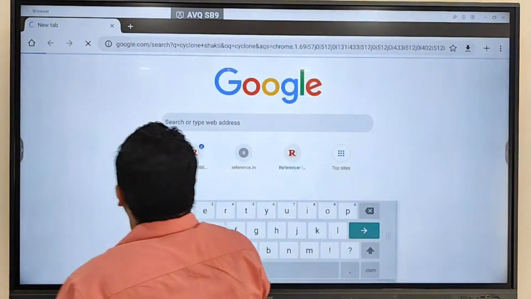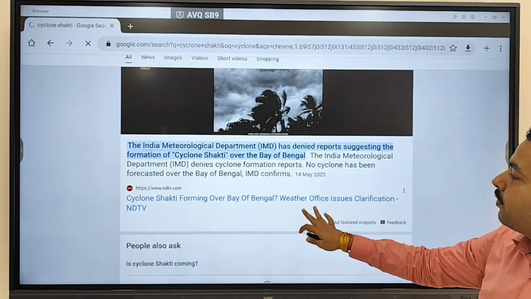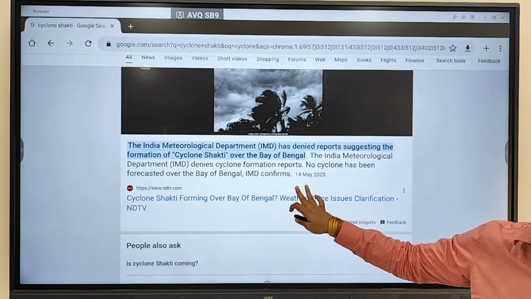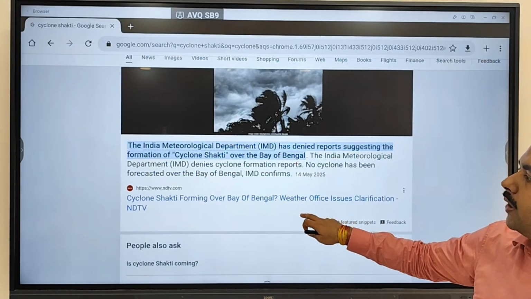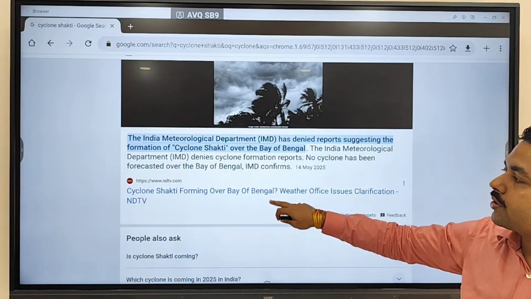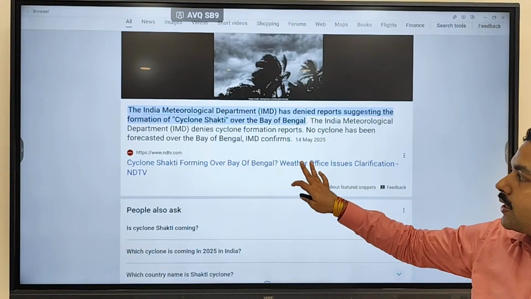You can see Cyclone Shakti forming over the Bay of Bengal in the month of May. IMD has confirmed the formation of this one.